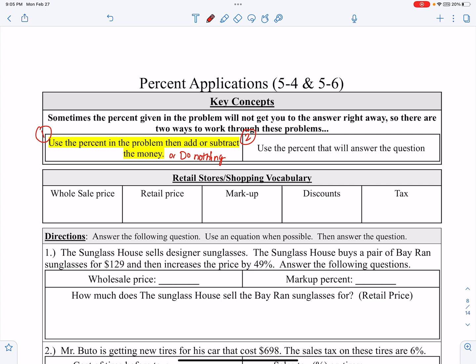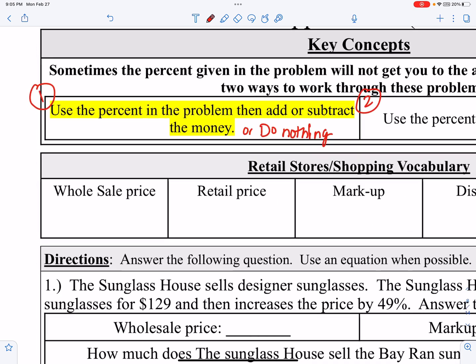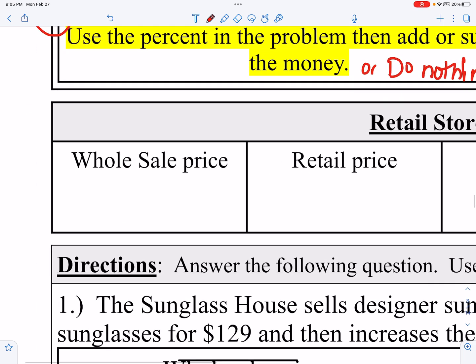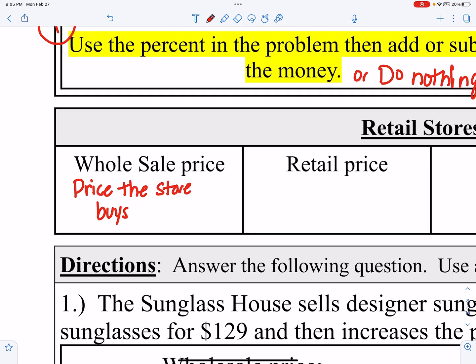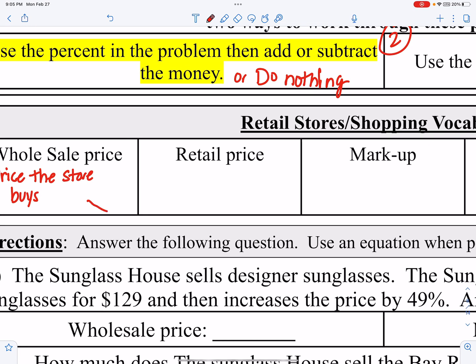All right, so let's talk about some of our vocabulary so we can understand this. The first one is the wholesale price, and this is the price the store buys, okay, typically from a warehouse or things like that. Okay, now let's draw an arrow here. This should really be right next to it.